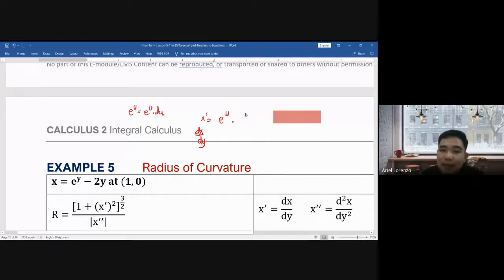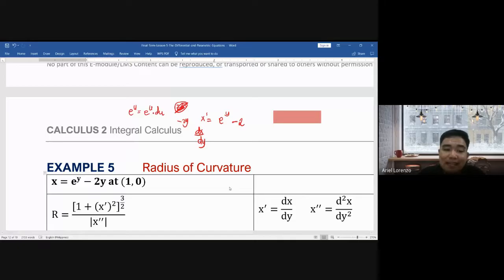Okay? So minus negative 2y. So the derivative of 2y with respect to y is negative 2. Like negative 2x, the derivative of negative 2x with respect to x is negative 2. Here, negative 2y with respect to y, that is negative 2. Got it? Okay? So that is your first derivative.